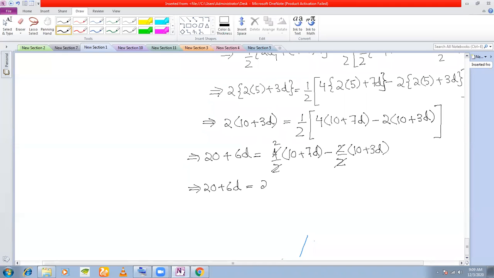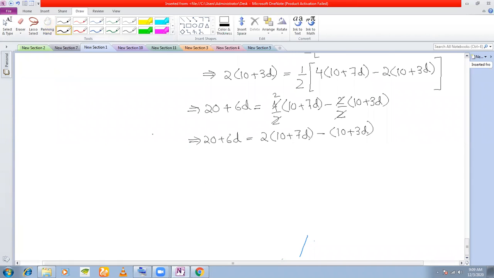So you get 20 plus 60 is equal to twice 10 plus 70 minus 10 plus 3D. Now we can solve for D very easily here. Is 20 plus 60 is equal to 20 plus 14D minus 10 minus 3D. Then 20 plus 6D is equal to 20 minus 10 is 10 and 14 minus 3 is 11.